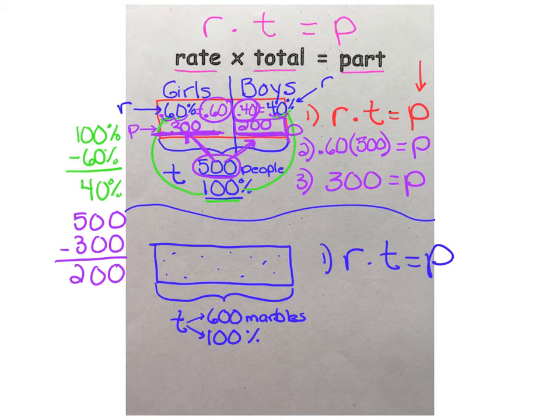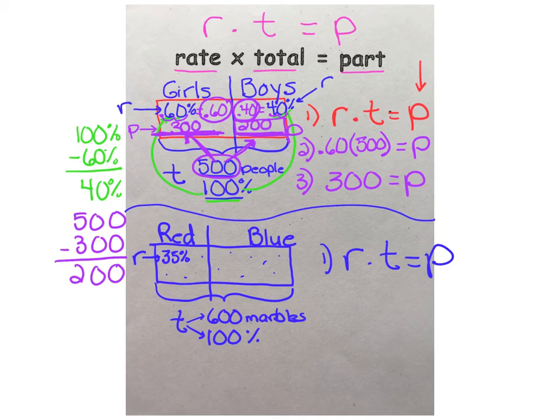Some of those marbles are red, and some of those marbles are blue. Let me give you a rate for each section. Let's say we're told that 35% of the marbles are red. That's a rate for that particular part of the bar.